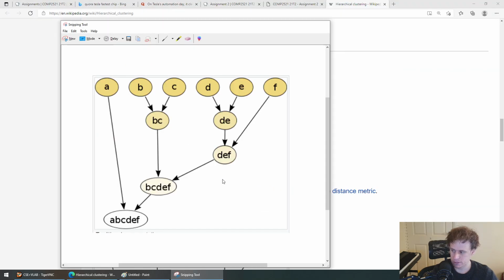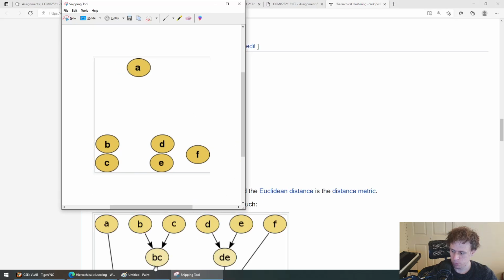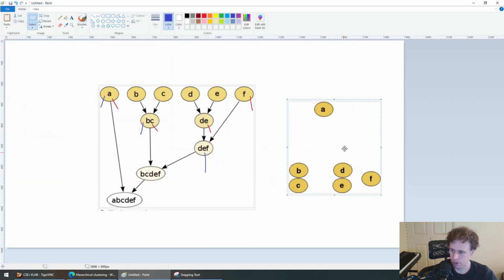On this diagram we've drawn lines around these: the first line was around BC and DE, where we ended up with 4 nodes, and now that we've joined F to it, we have a new way of thinking about the graph, which is that we have 3 nodes.